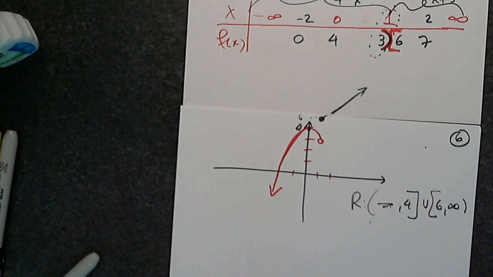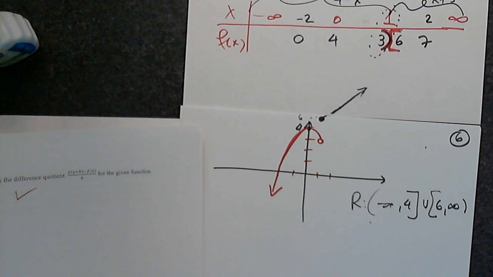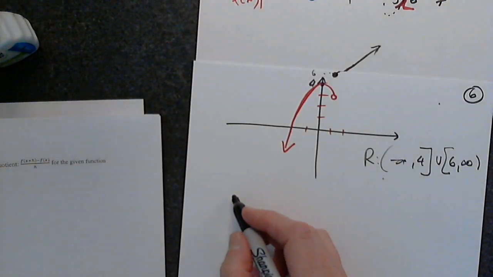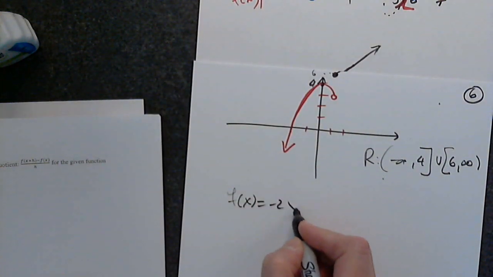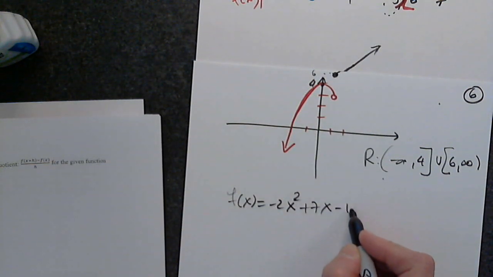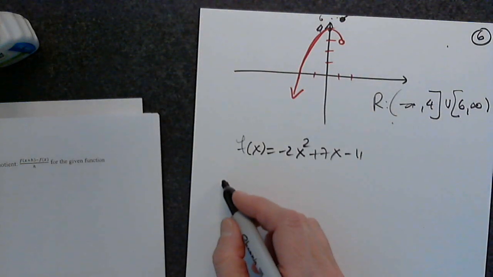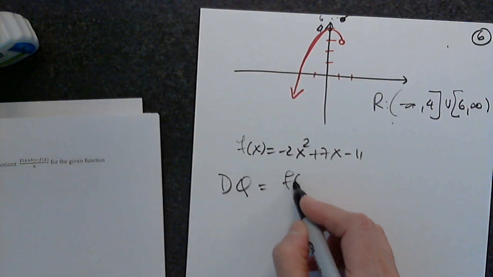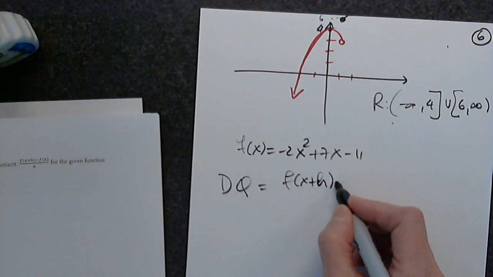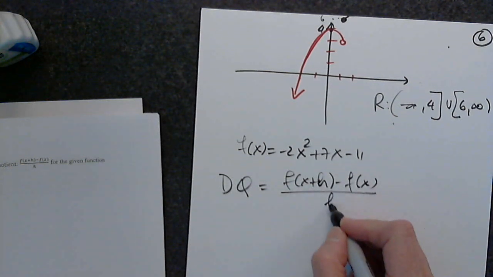Yes, of course. So here we have f of x equals negative 2x squared plus 7x minus 11. And the problem is asking us to find the difference quotient, which is given to us as f of x plus h minus f of x, divided by h.